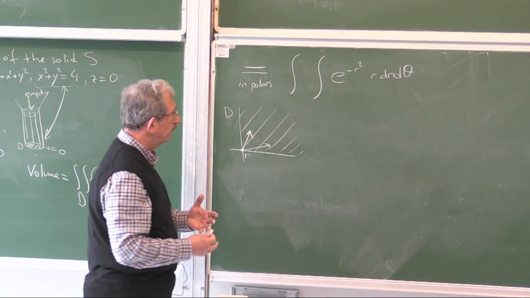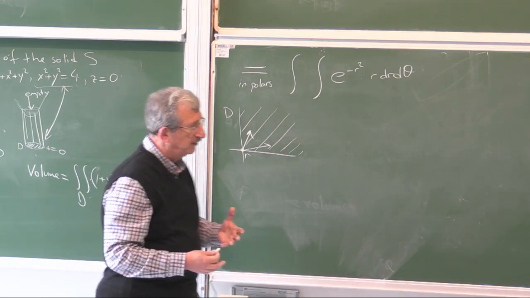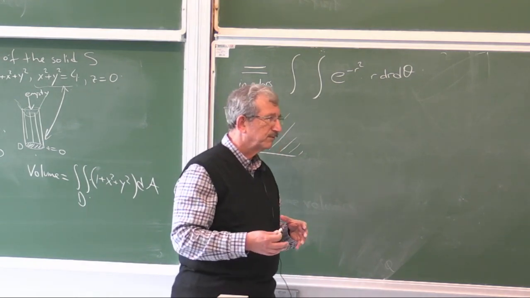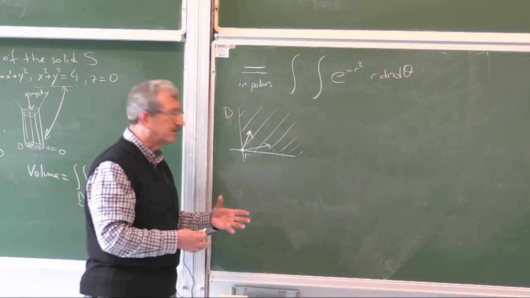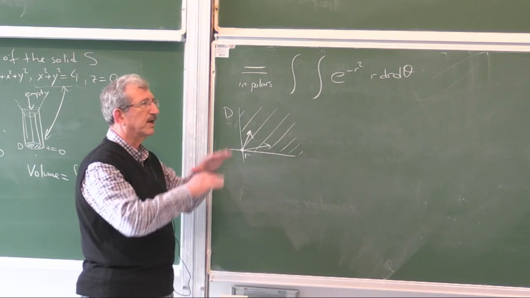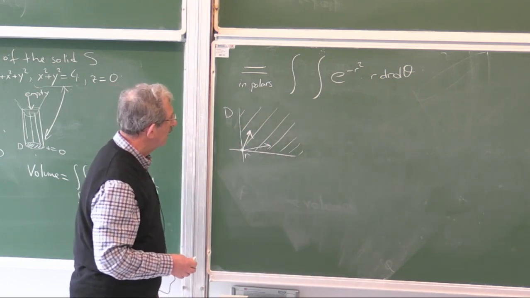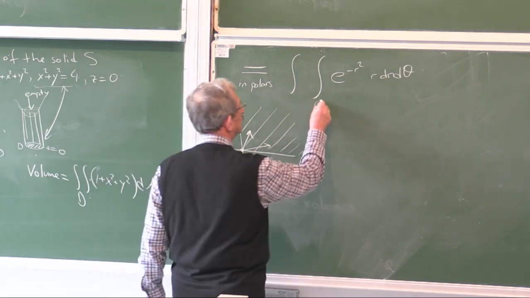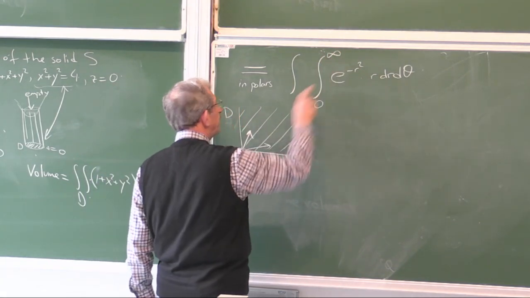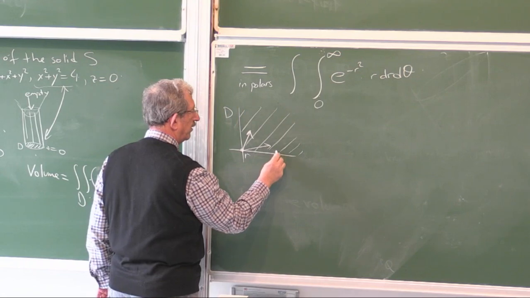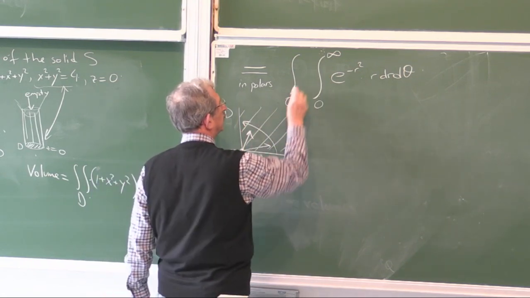Of course, this is a little bit too much on our imaginations, but if you think of this as an infinite rectangle, you can do all these things. Then r changes from 0 to infinity, and theta changes from 0 to pi over 2.